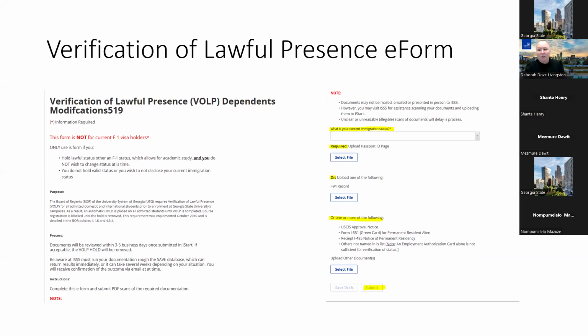Please make sure to read the e-form carefully and complete all of the required information. Once you have selected your current immigration status from the drop-down menu, you will be prompted with additional information or uploads that might be required. Again, it's important to read, follow, and understand all of the information on this e-form. If you fail to upload any required documents, the e-form will not allow you to submit it.